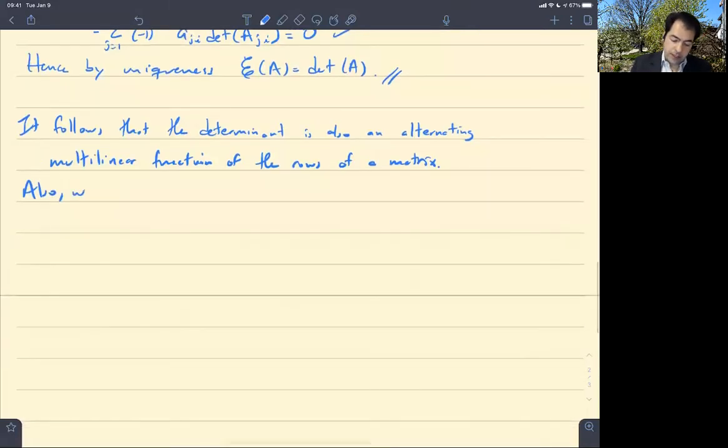Also, instead of expanding along the rows, we can expand along columns. So we have a Laplace expansion along columns.